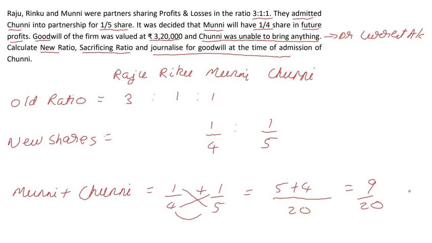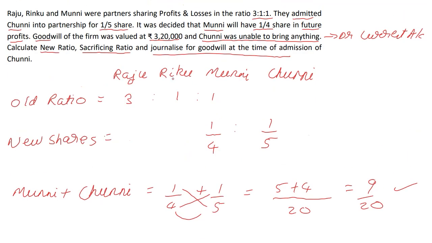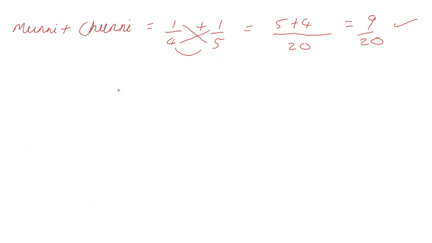So if Munni plus Chunni is 9/20, then what about Raju plus Rinku? Their share, or simply I can say the remaining share for the remaining two partners, is going to be the full firm's profit, which I can write as 1 or 100% or 20/20, minus 9/20.